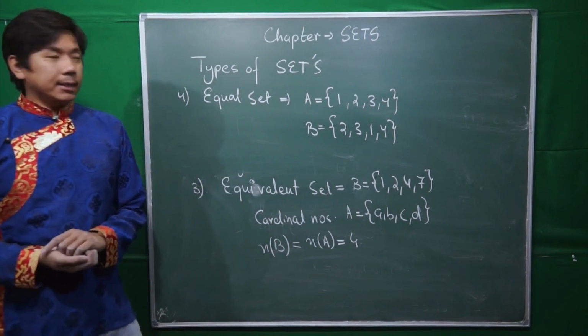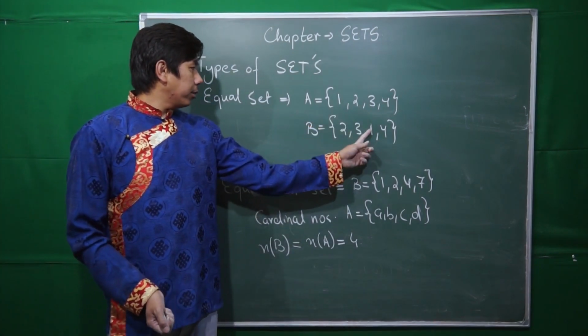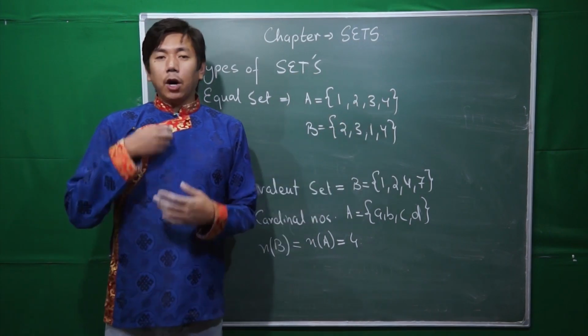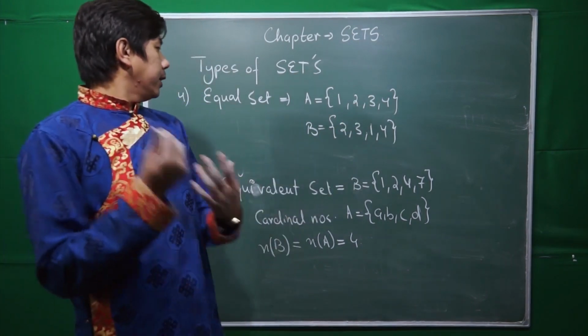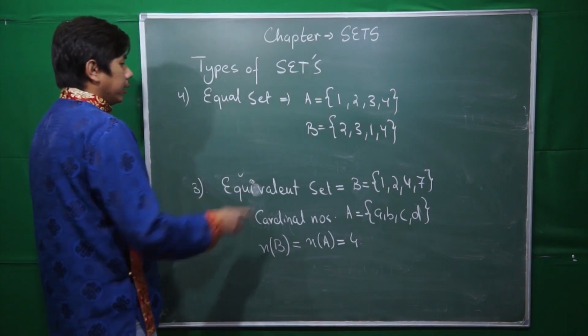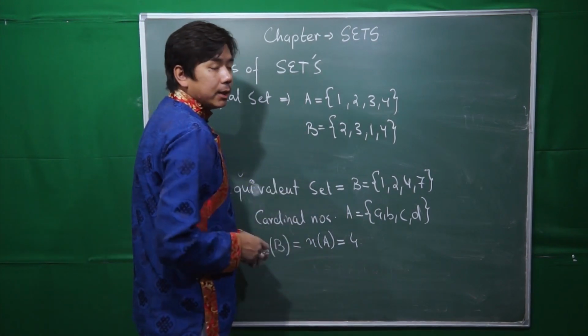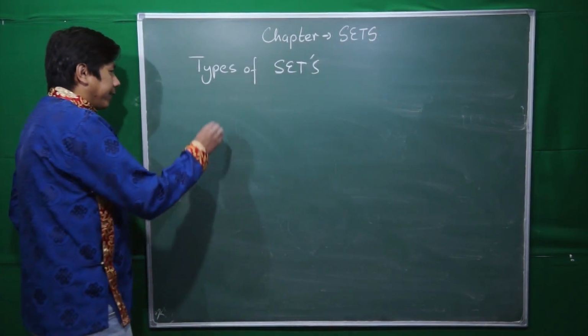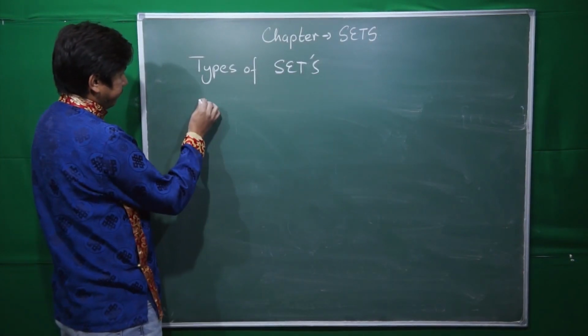So what happens? All the elements correlate: 4 with 4, 3 with 3 and 2 with 2. Since all the elements are the same, the cardinal numbers are also the same. Therefore, set A and set B are what? They are equal sets.